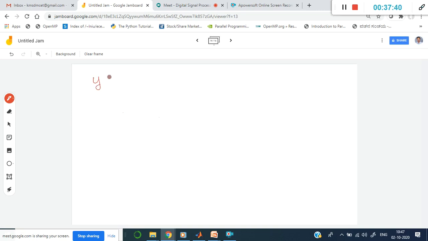So y of n is equal to x of n minus L, where L is 2 in this case, and this is a 4 point sequence, with circular time shift. x of n was 1, 2, 3, 2.